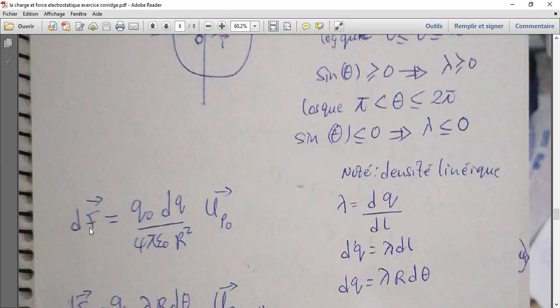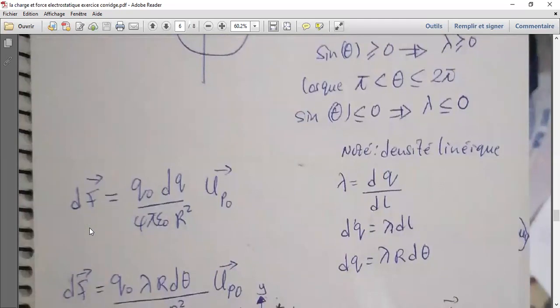Since this point P can be presented at any point, there will be some changing of the force. That's why you are presenting it as dF is equal to Q0 dQ divided by 4 pi epsilon 0 r squared, times the vector u PO. P is where the force is coming from.